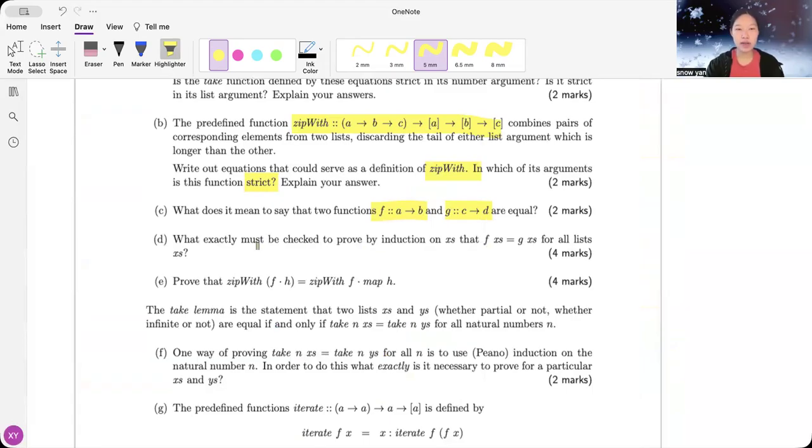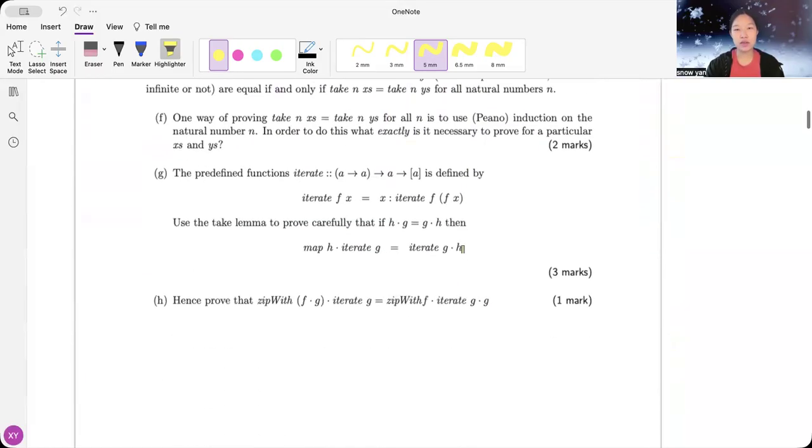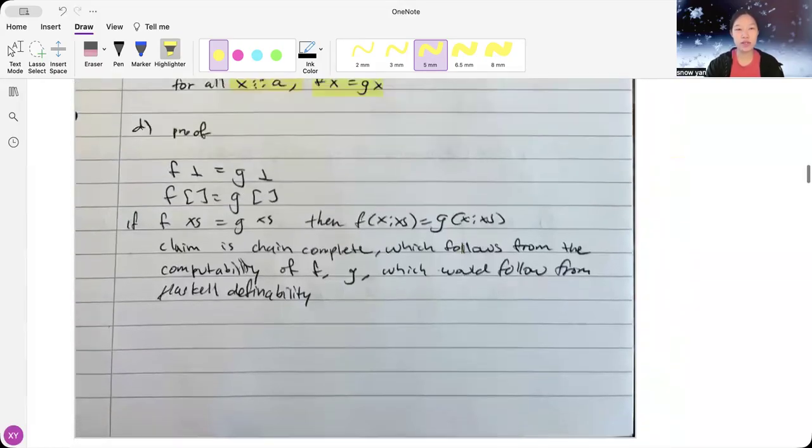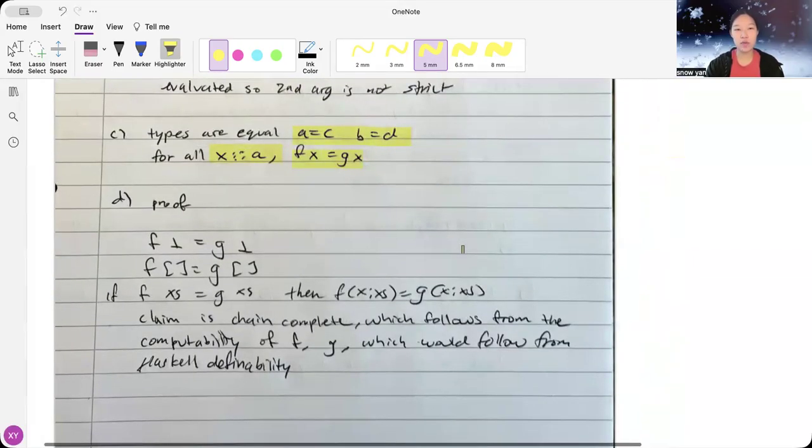For part D, what exactly must be checked to prove by induction on xs that f(xs) equals g(xs) for all lists xs? Okay, so this is for all lists, so we definitely have to consider four cases. We have the bottom case, so f bottom equals g bottom. The empty list case, our base case, f of the empty list equals g of the empty list.